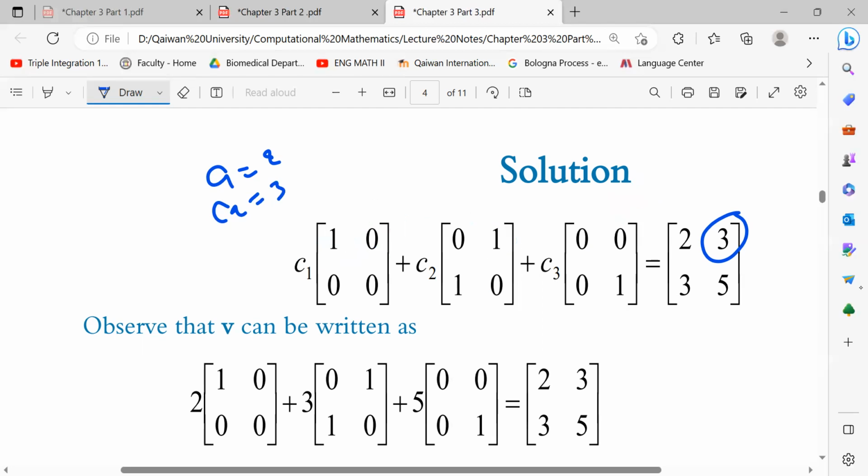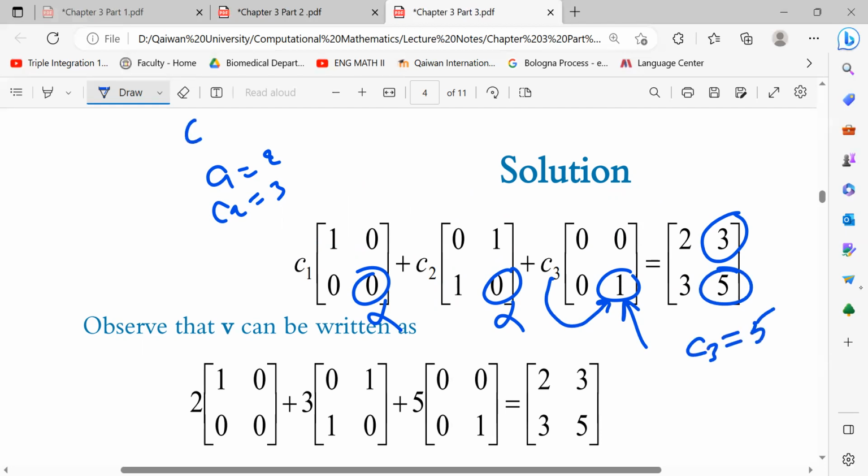And for this one, it's the same, it's 3. How about this location? At this location, we don't get any values here, and then we just get it from here. C3 times 1 must be 5. So this C3 is 5.